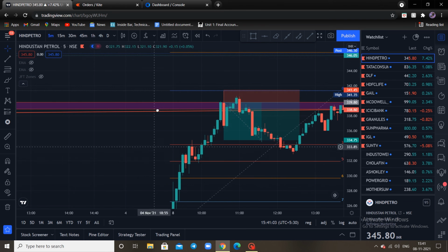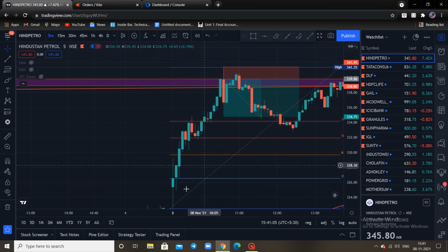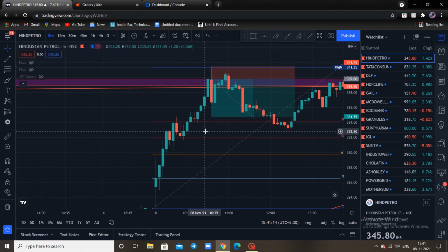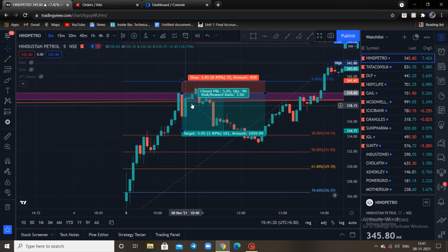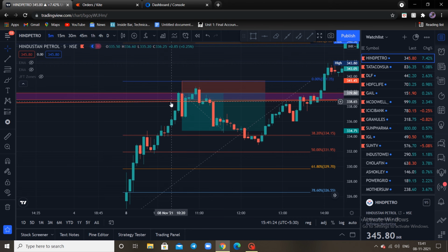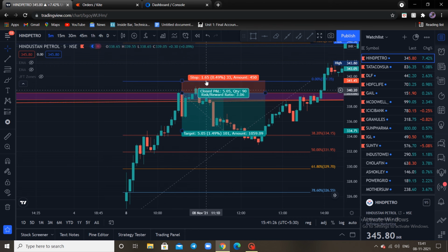From the morning itself Hind Petro is in a good uptrend without any retracement, so I expect there will be selling off or profit booking, or a retracement. The ideal spot for a retracement is this area where a major resistance is coming.